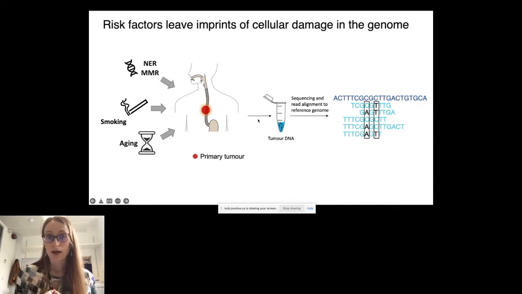The way to study this is by extracting this DNA from tumors and sequencing it. By doing this, we try to understand what are the changes within the tumor genome that we don't find in a reference healthy individual. So what are those mutations that are present in the tumor cells that clearly have accumulated during an individual's lifetime and may have contributed to that disease.